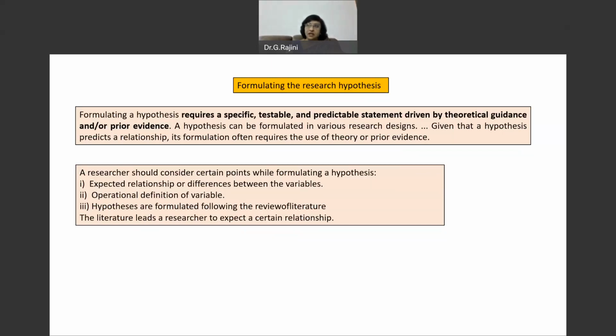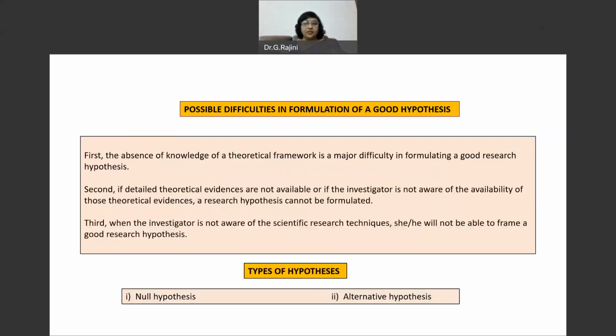The person is considered to come out with products which have negligible error. Okay, the culture of the organization will be very good only if the employees are satisfied, because we consider employees as the internal customer. Okay, so all literature talks about that. How do you motivate the people and keep them happy inside the organization? So the literature leads a researcher to expect a certain relationship as well. Okay, so that relationship only we will try to establish by testing the hypothesis.